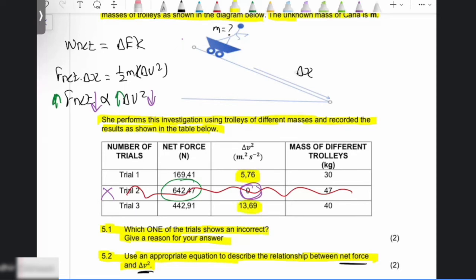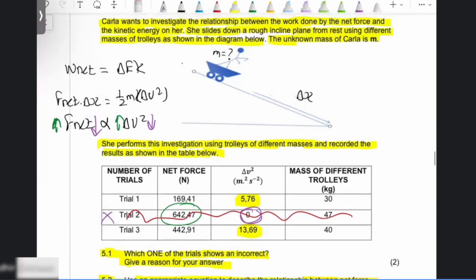We see that the larger value, 13.69, produces a greater net force, which makes sense, and the smaller net force produces a smaller delta V squared. So it holds true for what we explained about proportionality. Done. Any questions there, guys? Such a good question, this.